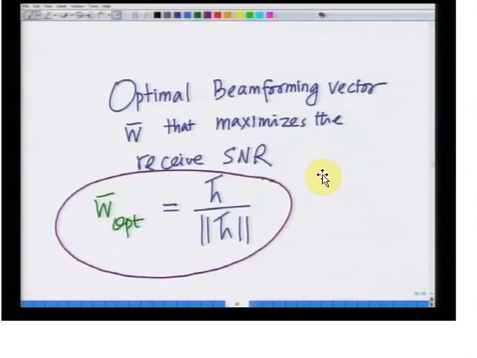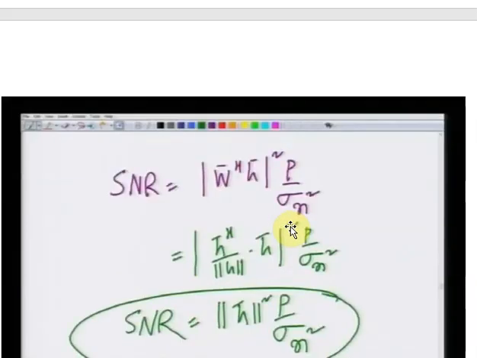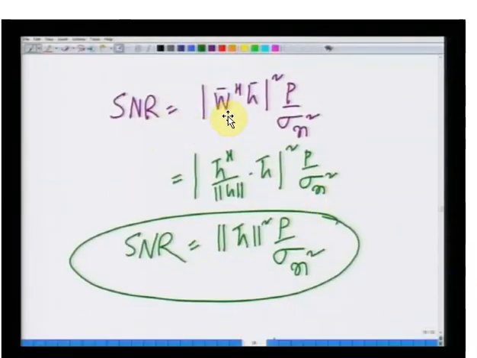So the optimal beamforming vector W is such that it maximizes the received SNR. The received SNR can be maximized if we choose the weight vector, or the beamformer, W equal to H bar divided by the norm of H bar. So SNR is given by |W bar Hermitian H bar|² P divided by σn².